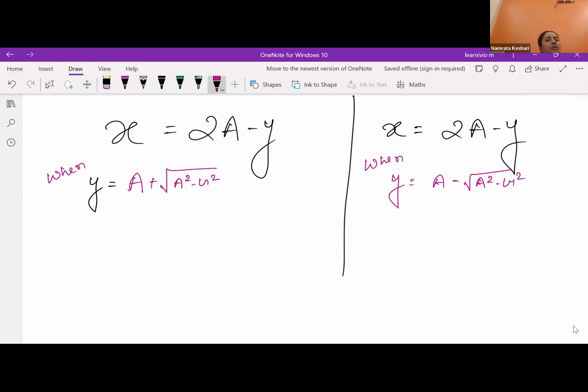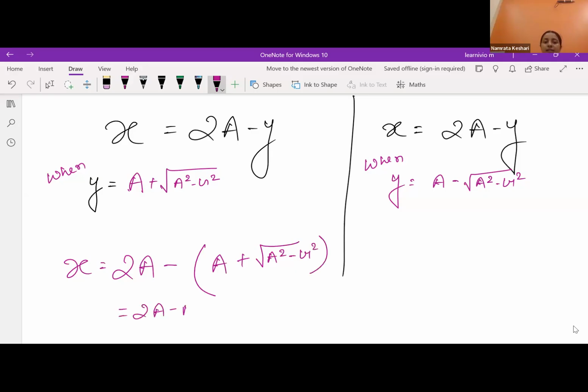We will drop this y in equation number 1. x is equal to 2a minus y, and y is this. 2a minus a minus root; 2a minus a is just a, minus this root.